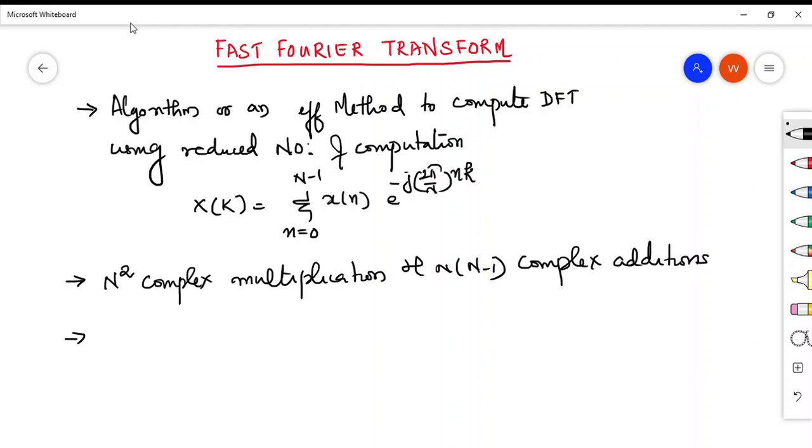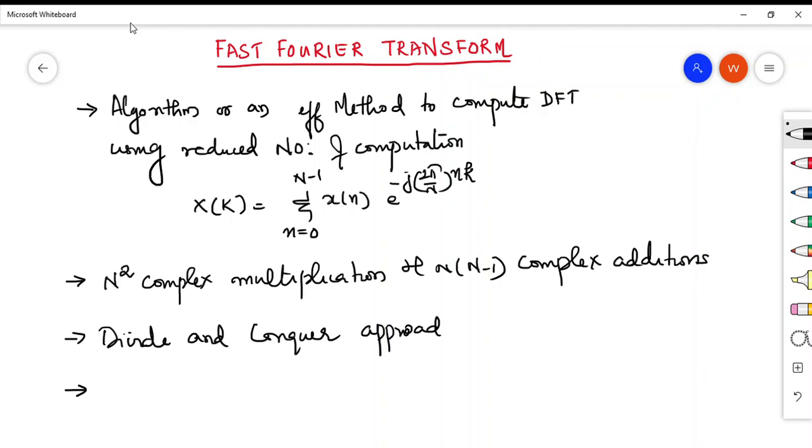Now, this fast Fourier transform is based on the divide and conquer approach. Divide and conquer approach means what? We will be dividing the sequence of size N into smaller DFTs, from which the larger DFT is computed. So this method, fast Fourier transform, adopts the divide and conquer approach.